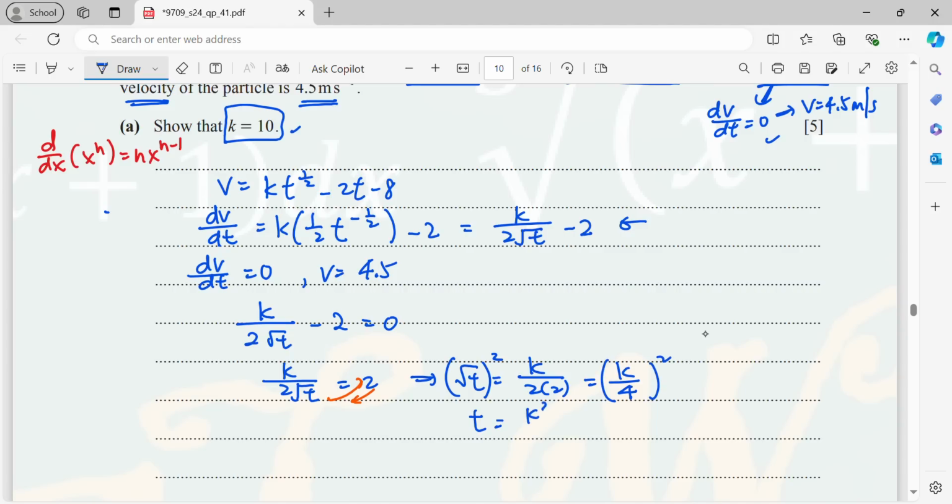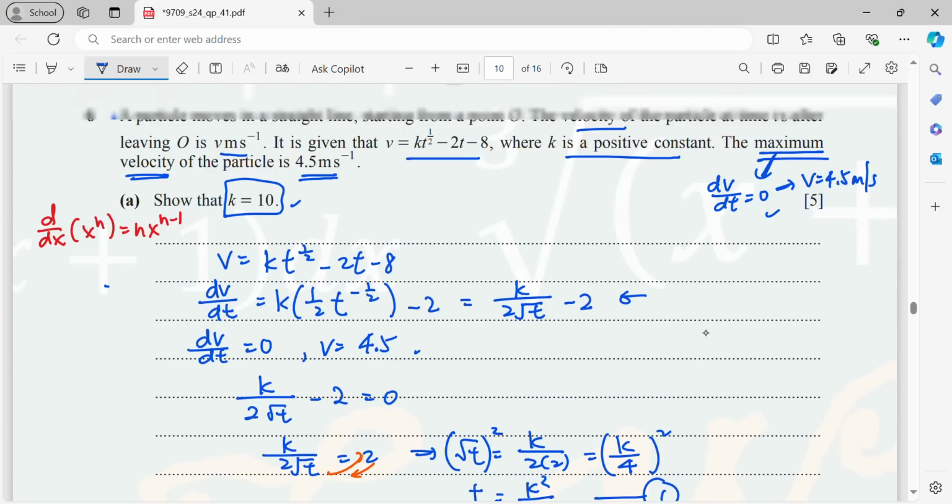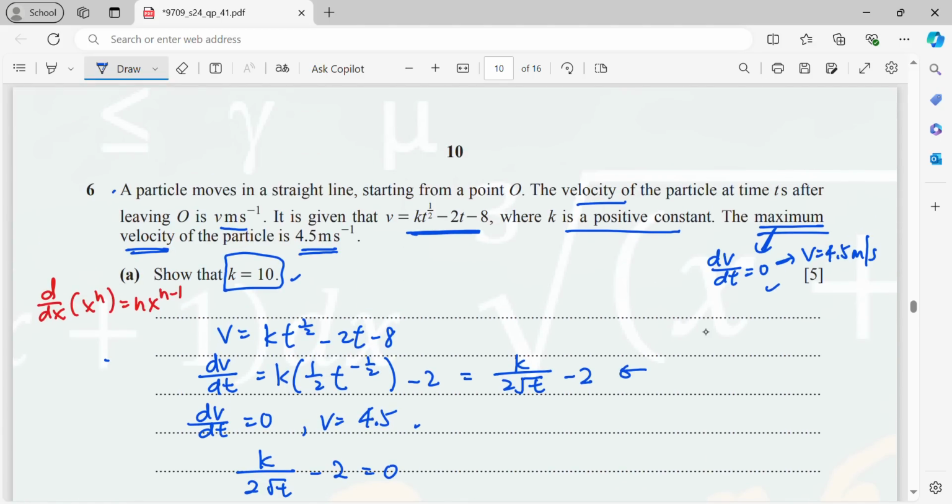That is k squared over 16. That is my t. Get this as the first equation. The second equation we get from the v. When dv/dt equals to 0, my v equals to 4.5. This 4.5 can be expressed as 9 over 2. So now I will substitute into my v expression.